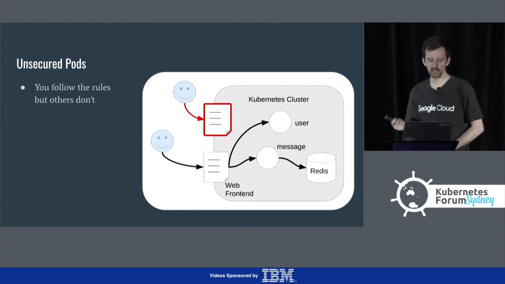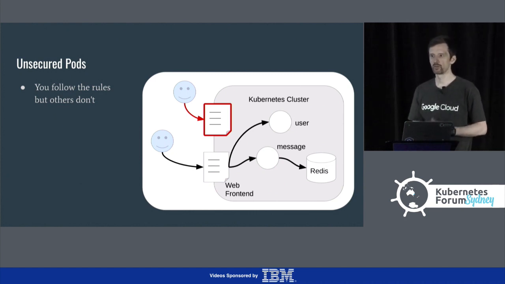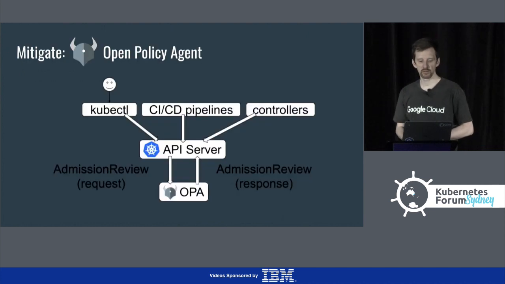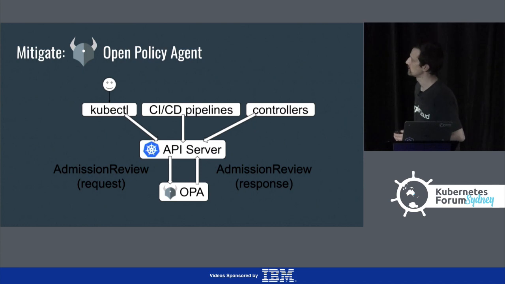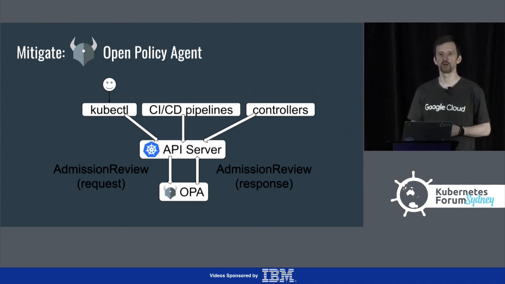Another thing to do, in order to set policy and make sure that everybody's on the same page when they're creating pods, is to use policy. And the current best practice for doing that is to use Open Policy Agent, which is a way of gating the type of options that you set on your pods.